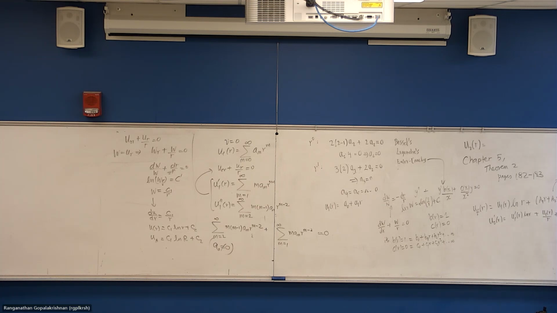from m equals 1 to infinity. So this would be m r to the power m minus 1, m equals 1 to infinity. u_2 double prime of r will be u_1 double prime of r times ln r plus u_1 prime of r divided by r, plus u_1 prime of r divided by r minus u_1 over r squared, plus the sum from m equals 2 to infinity of m times (m minus 1) a_m r to the power m minus 2.